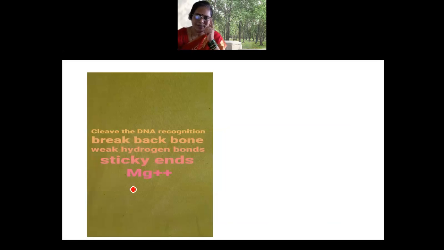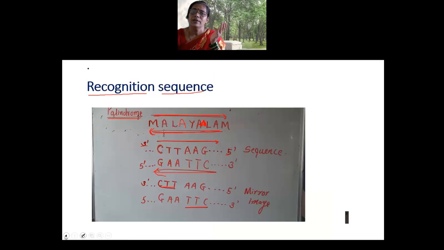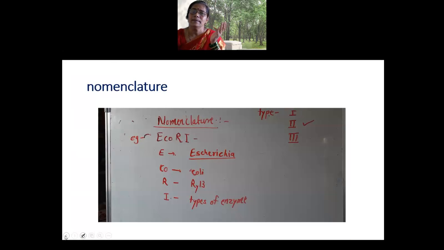So for the cleavage pattern, it breaks the backbone of the DNA, the weak hydrogen bonds are also broken to produce the sticky ends, and then it requires the Mg++ ions. So this is the cleavage pattern. Do you get my point? Look here again.